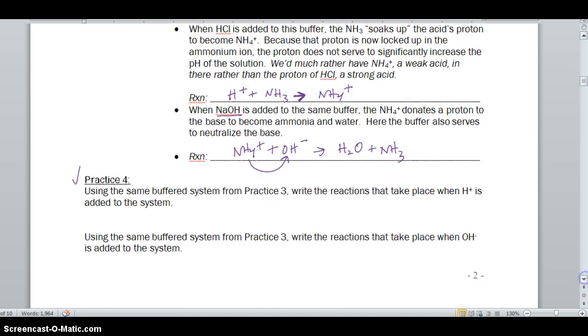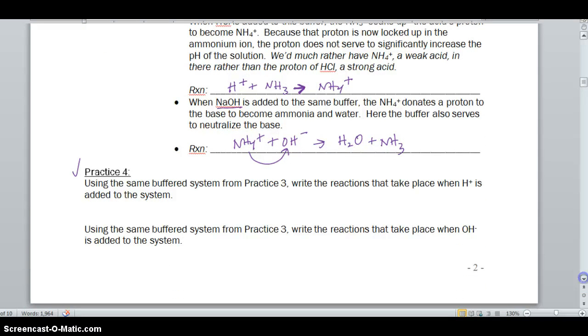Alright, so in practice 4, this is what I was getting at, they ask you to reference practice 3. So remember that system was HCOOH, and then we had sodium formate, which we don't care about the Na, we care about that HCOO minus present. So I find it helpful to label what they are. So this is a weak acid, and then the HCOO minus is the conjugate base.